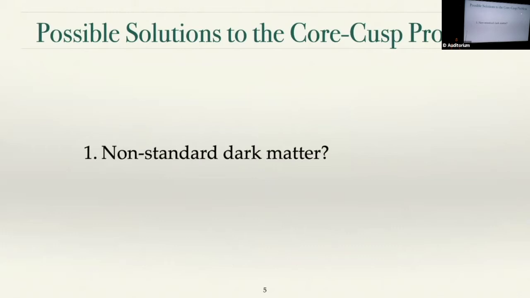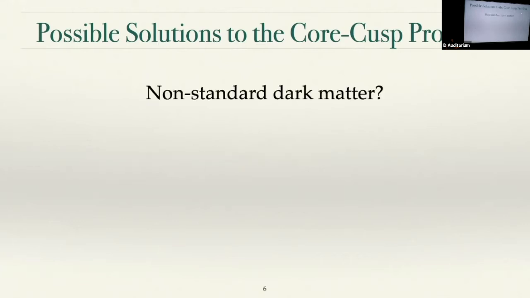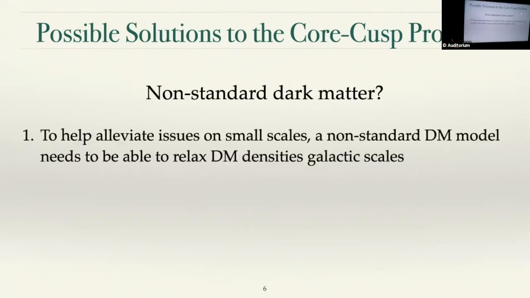That's why we can see each other. There's electromagnetism. That's why there's chemistry, from the strong force. So maybe there's something equally interesting happening in the dark matter sector. And the second thing is baryonic physics. Okay, so I'll start with the first potential solution, which is non-standard dark matter.